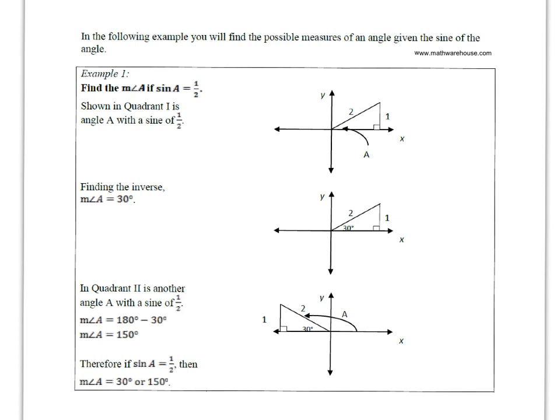Let's talk a little bit about solving equations that have sine in them. So if we were to find the measure of angle A in this diagram right here, we know that the sine of A is equal to 1/2, and we have that drawn in quadrant 1.